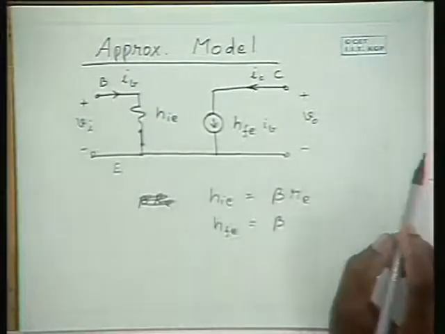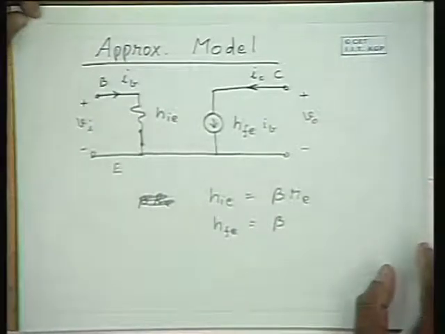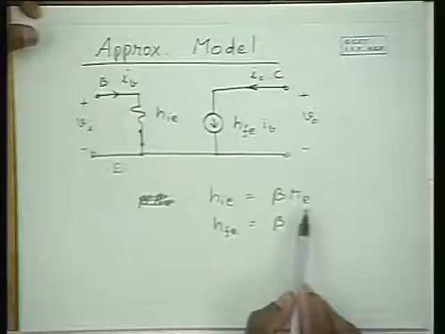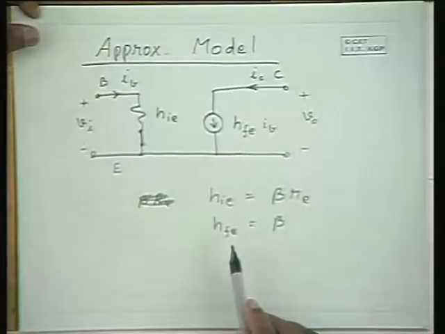So this H parameter model is the same as the RE model. So whatever analysis we carried out for the RE model, the same thing can be used for the H parameter model also, but by replacing beta RE by HIE and beta by HFE.